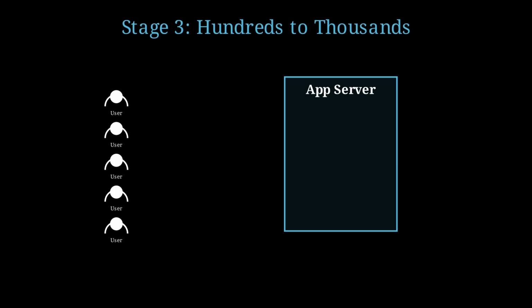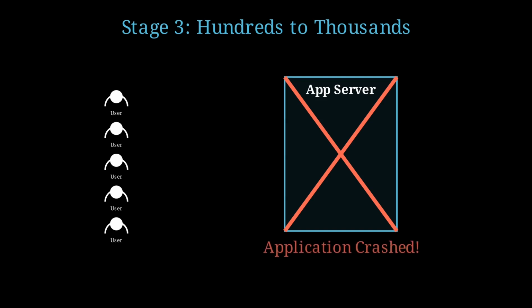If the users increase from hundreds to thousands, what will happen if there is a single server? If the server goes down, automatically the entire application is gone. The entire application is going to crash.